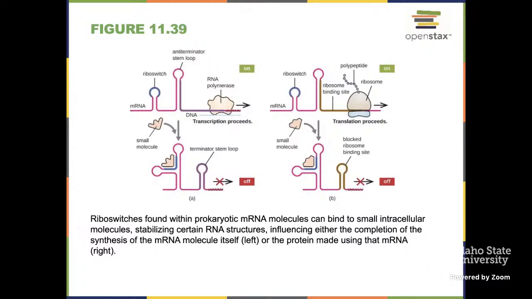Riboswitches are kind of the same idea as what we were looking at with those little hairpin loops right there, allowing things to proceed or not. So up above, we can see in the on situation, we're allowed to move through there, polymerase making the message, ribosome going through and building those peptides.